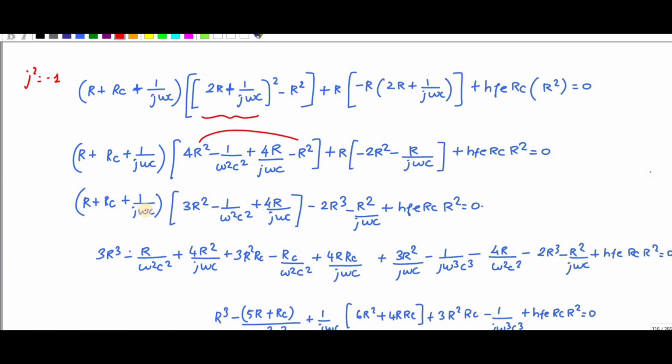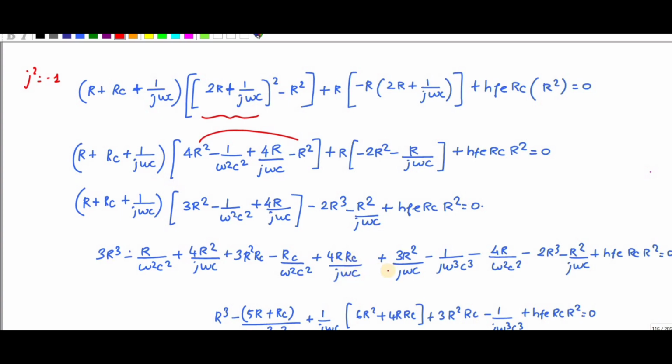So now I am going to multiply this r with this one. Okay. So 3r cube minus r into r divided by omega square c square plus 4r square divided by j omega c plus 3r square rc minus rc divided by omega square c square plus 4r rc divided by j omega c.